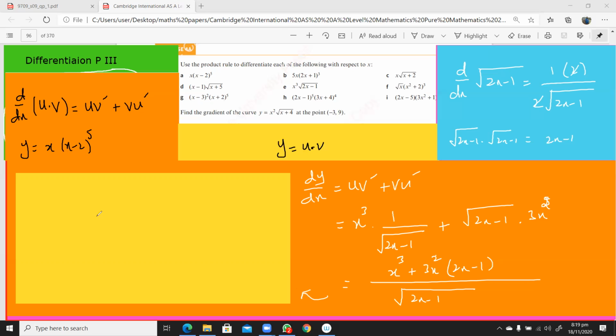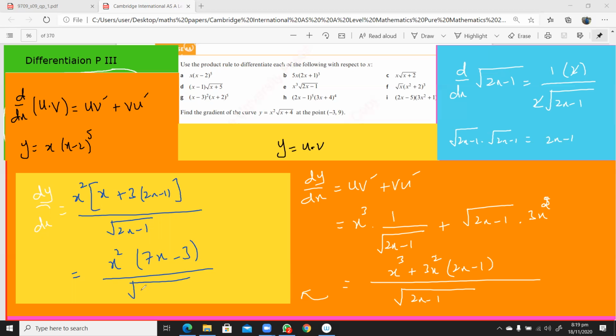So this dy by dx is going to be, if I take x squared common from here, x plus 3 into 2x minus 1 whole over under root 2x minus 1. And finally, this is x squared into x plus 6x is 7x minus 3 whole over under root 2x minus 1.